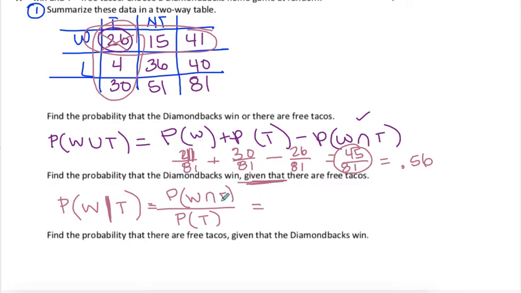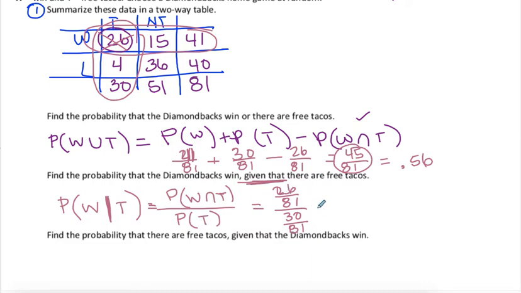We already found that these are not mutually exclusive, so they do have outcomes in common. There are 26 games. I'm looking at the wrong value before. 26 out of the 81 that they had won and got free tacos, out of the 30 out of 81 that they had just free tacos.